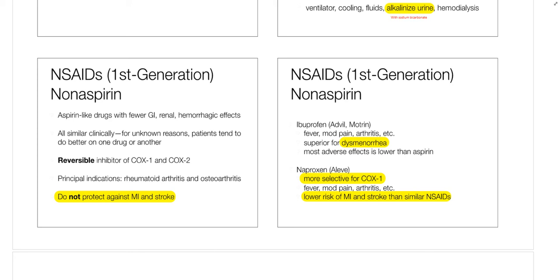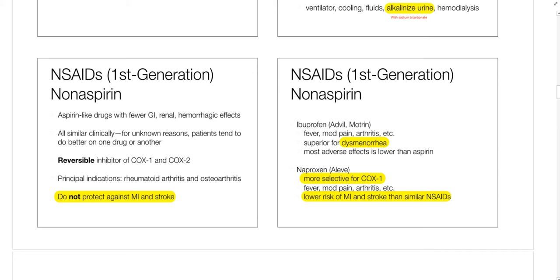So whichever one the patient prefers, go for it. Unlike aspirin, these are reversible inhibitors of COX-1 and COX-2. They do affect both because they're first generation. All first generations are going to inhibit both COX-1 and COX-2. But these ones, unlike aspirin, are reversible.